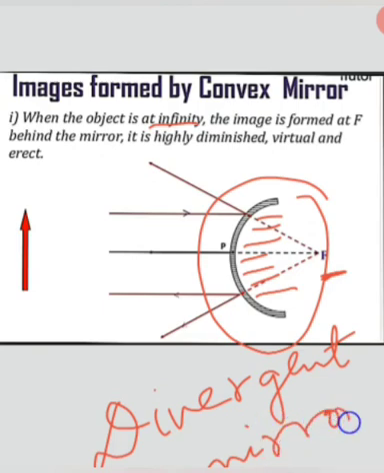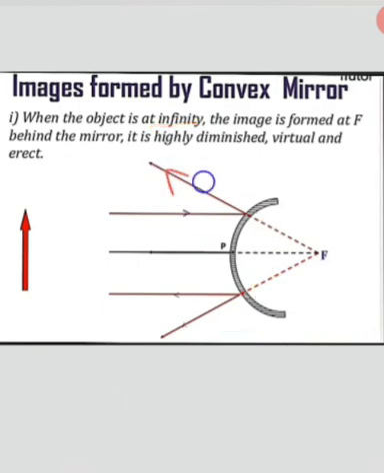This thing also you have to keep in mind, that a convex mirror behaves as a divergent mirror as it diverges the light rays which fall on its reflecting surface. Here you can find it out. This ray is divergent. It is diverged by the reflecting surface. Its image is going to form diminished in size and its nature will be virtual and erect.